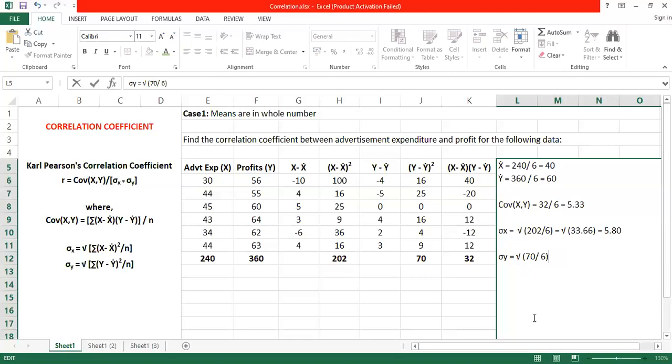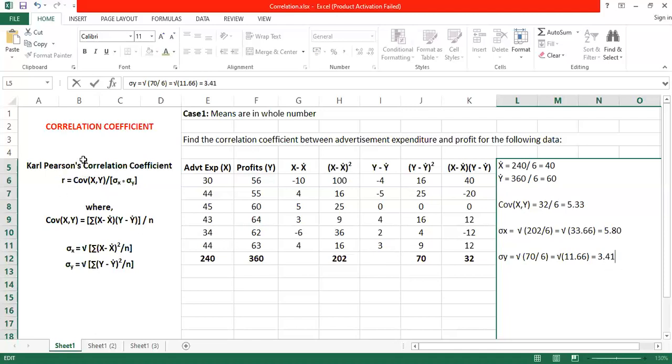So 70 divided by 6 is 11.66. That means we have square root of 11.66, and the square root of 11.66 is 3.41.